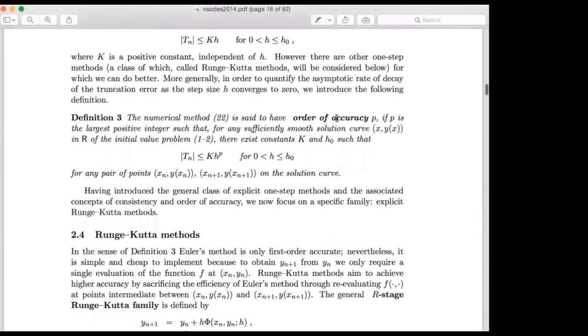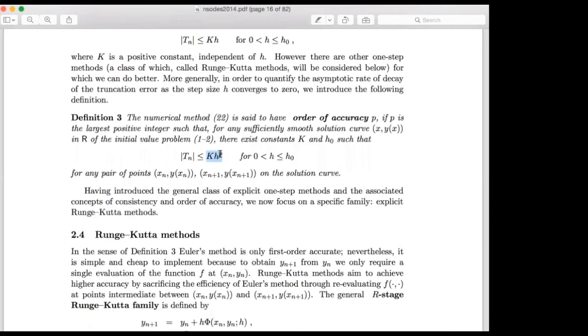And order of accuracy or order of convergence, we already explained: the numerical method is said to have order of accuracy or order of convergence p if p is the largest positive integer such that for any sufficiently smooth solution curve (x, y(x)) in R of the initial value problem, there exists a constant k and h0 such that mod Tn is less than or equal to k times h power p.